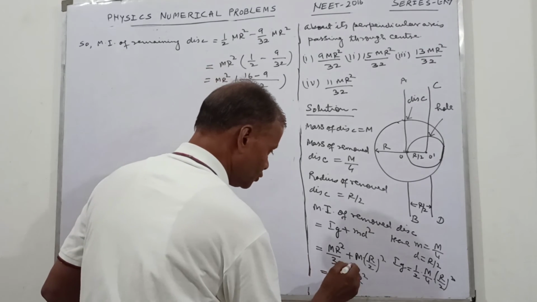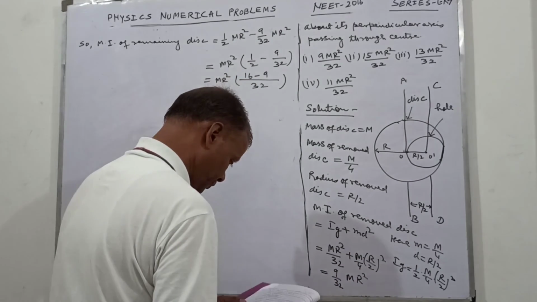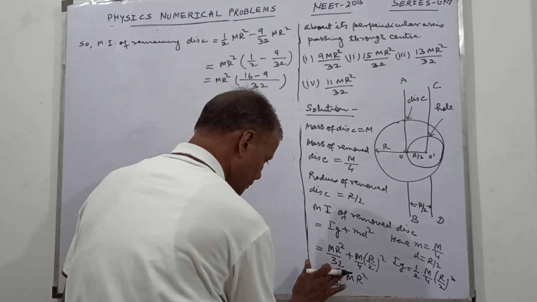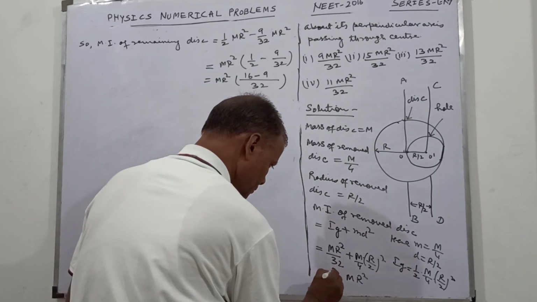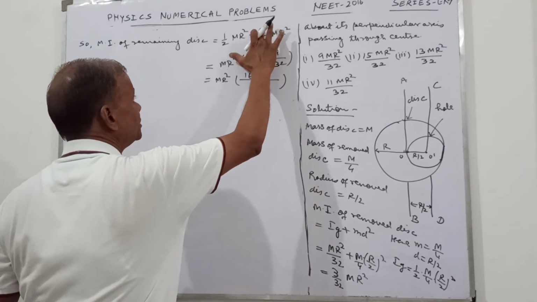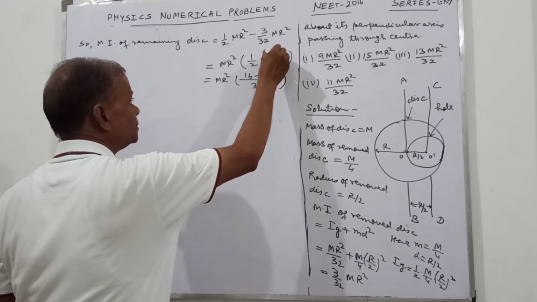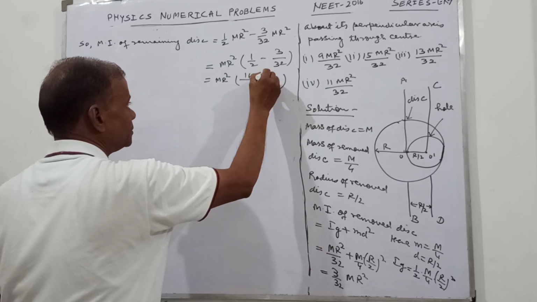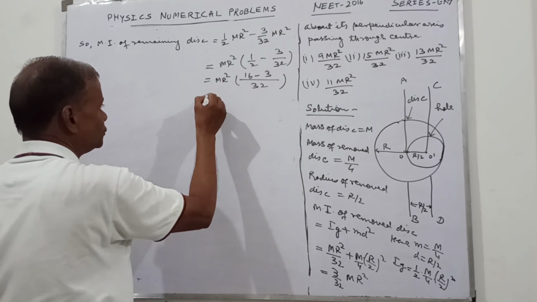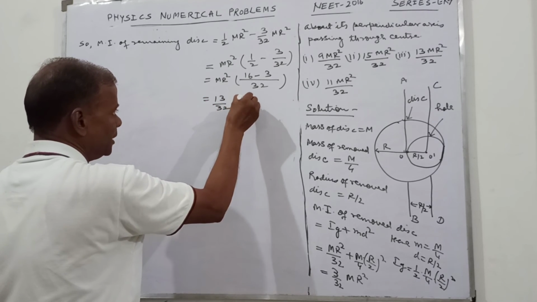So the total comes out to be 3 upon 32 mr square. So this is now 13 upon 32 mr square.